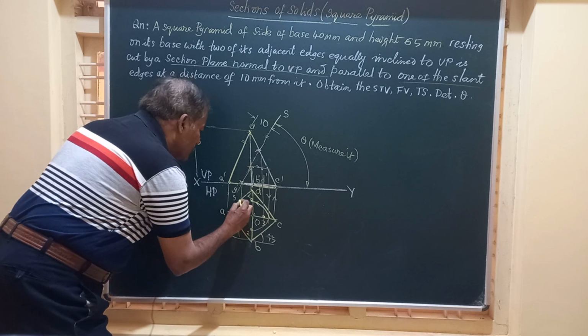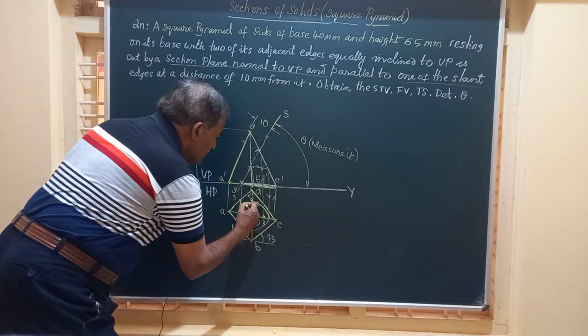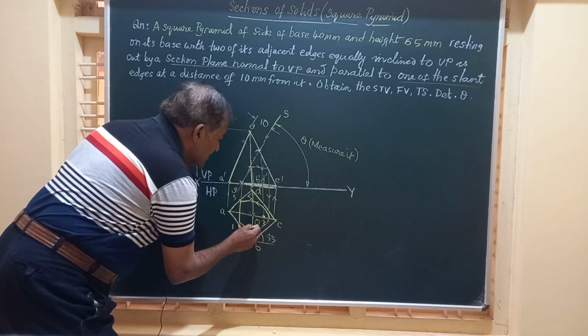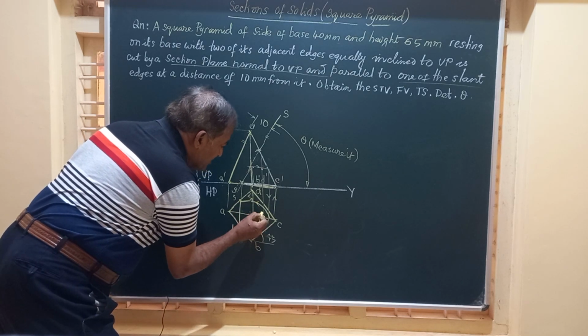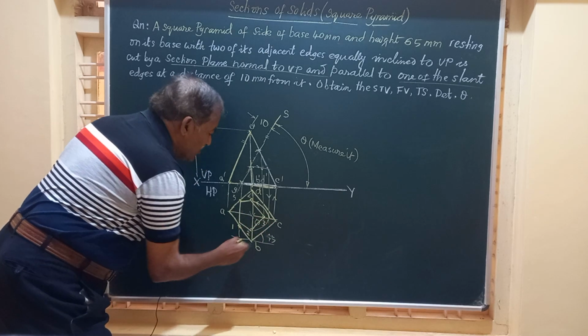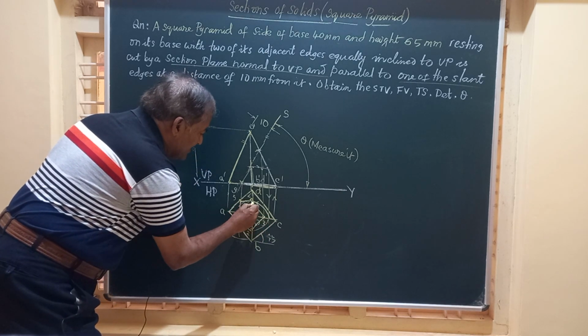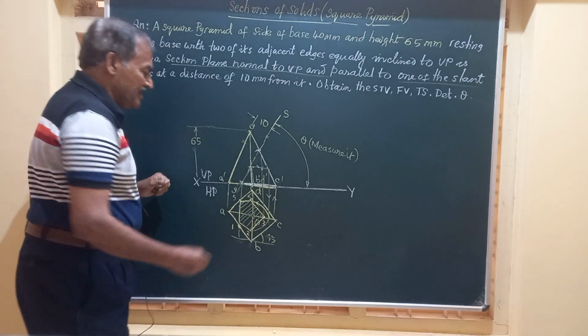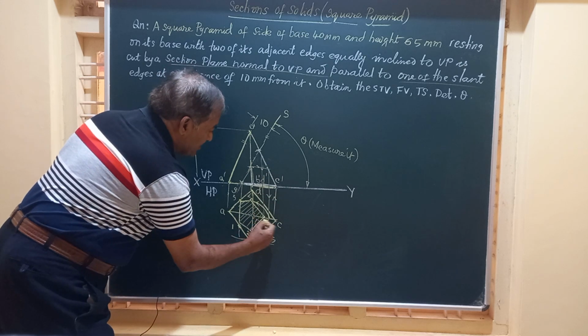So we have got 1 to 2, 2 to 3, then here we have got these points. So friends, in the top view you got 5 points. We are getting a distorted pentagon, and join this part.